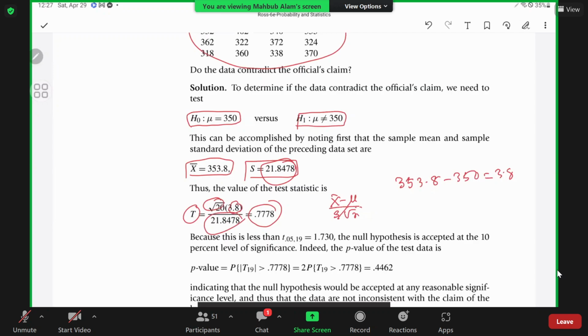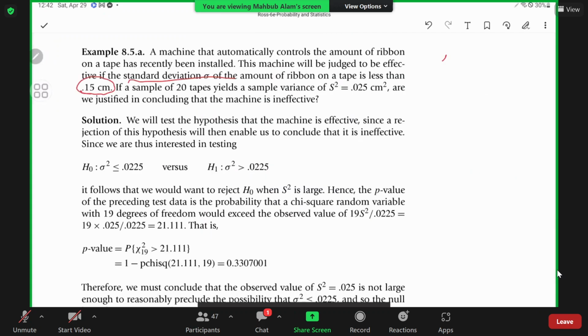The point here is a new machine has been installed, and the question is whether the standard deviation is less than, that means sigma is less than 0.15 or not. This is the null hypothesis. And the alternate hypothesis is sigma is greater than 0.15.